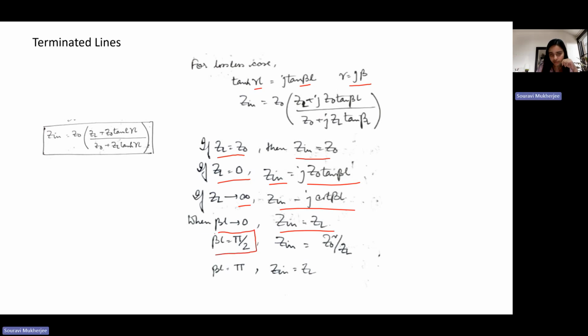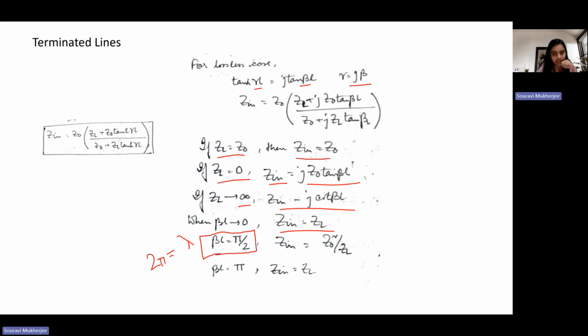this, as you can see, depends on the wavelength that is getting transmitted, right? So here 2 pi basically is the phase that we are talking about. So 2 pi is associated with the wavelength of your signal, right? So pi by 2 means that the length of your transmission line is equal to 1/4 of the wavelength.